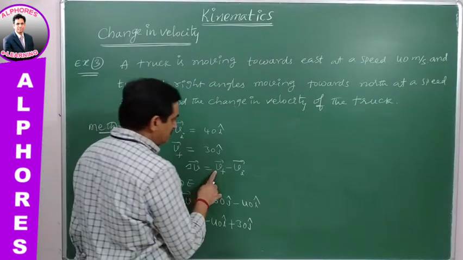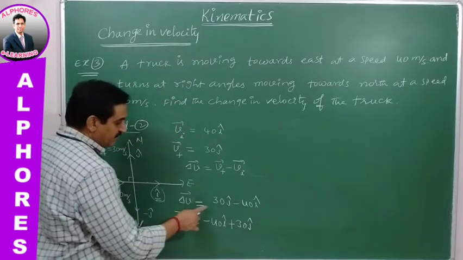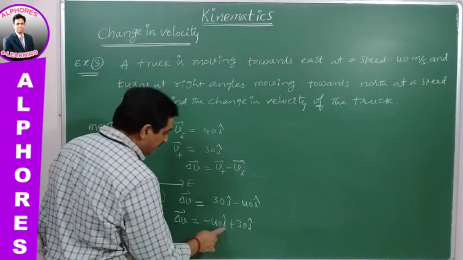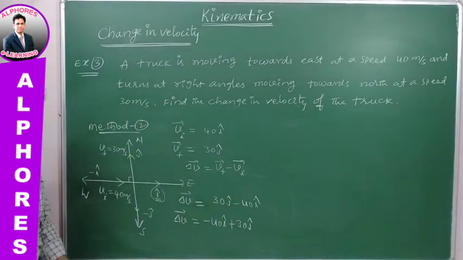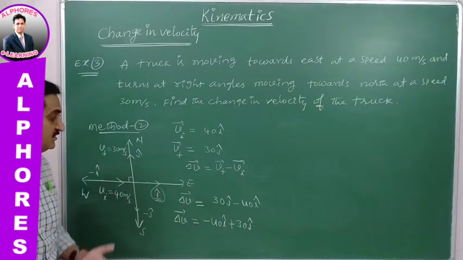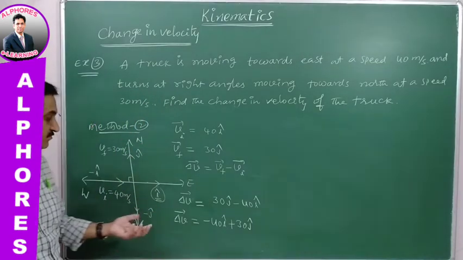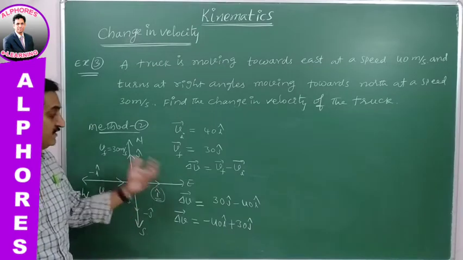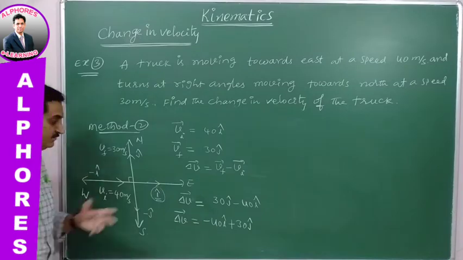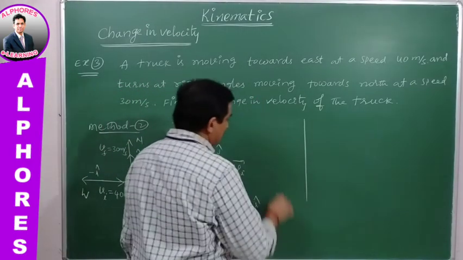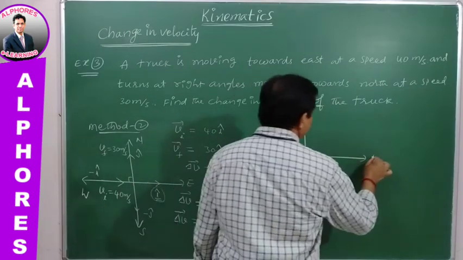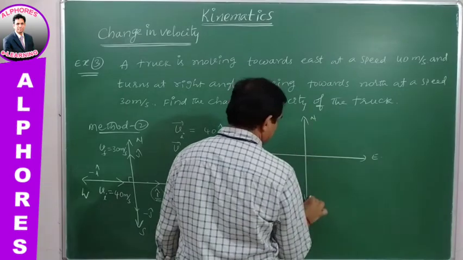Change in velocity is Vf minus Vi. So that is 30j minus 40i. Finally, change in velocity is minus 40i plus 30j. Based on this vector, in which quadrant will this change in velocity be presented? We can locate that directly using this coordinate system: west, east, north, south.